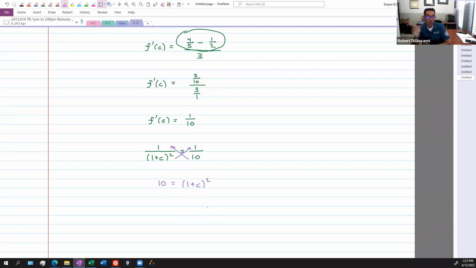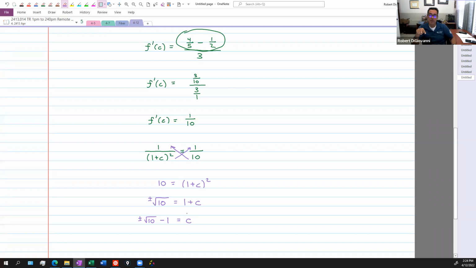Let's take the square root on both sides to kill off the square on the right. Because I'm doing that, I do plus or minus. Then let's subtract 1 on both sides. So plus or minus the square root of 10, minus 1. And that's what c is.